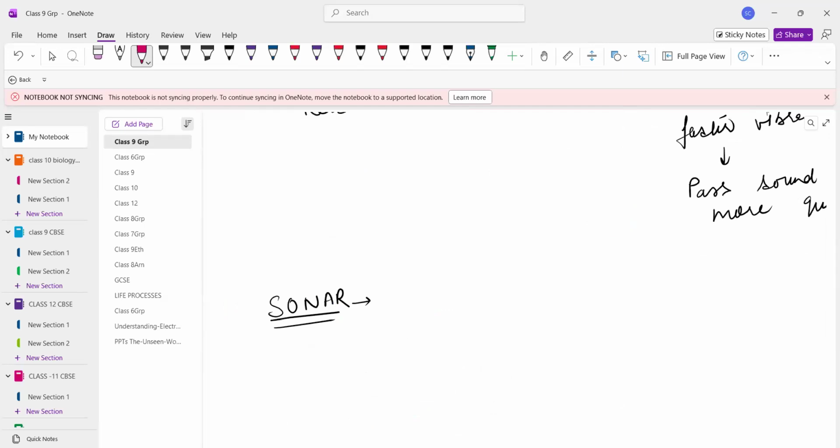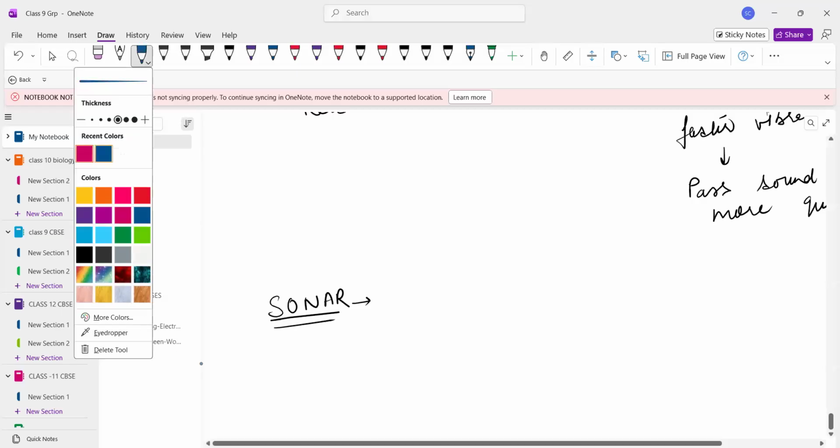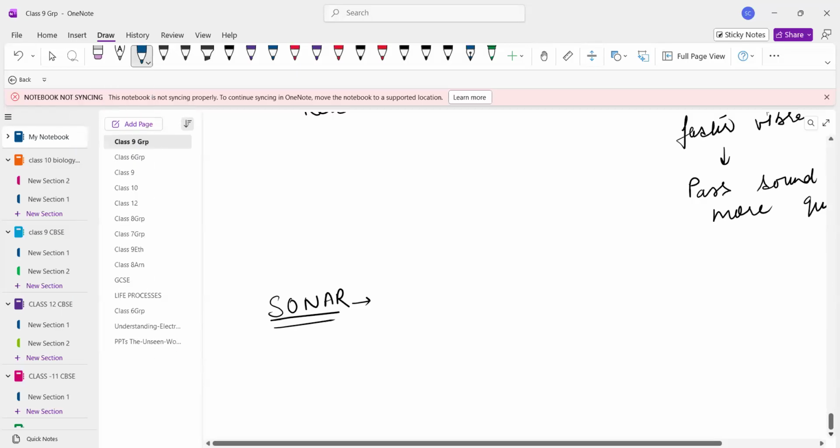Okay, could anyone tell me what is the full form of sonar? No one? Okay.